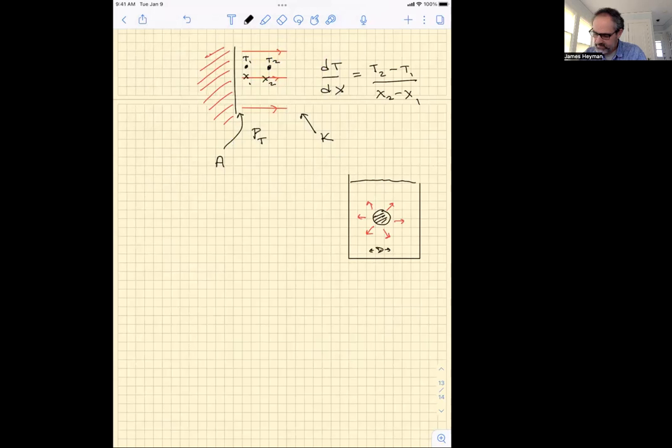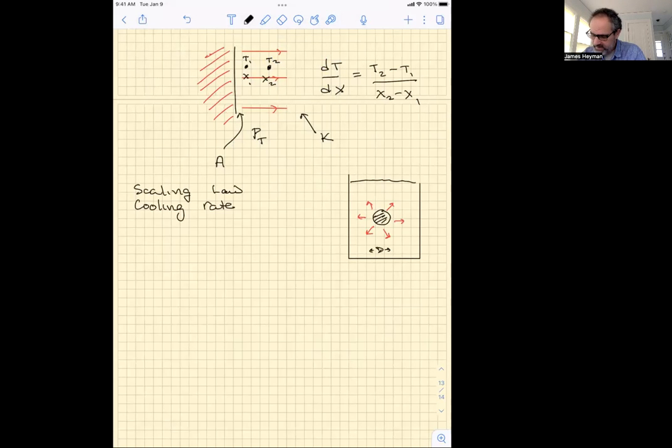Well, very good. So now we're ready to answer our first question. What's the scaling law for the cooling rate? Or do small objects cool faster than large objects?